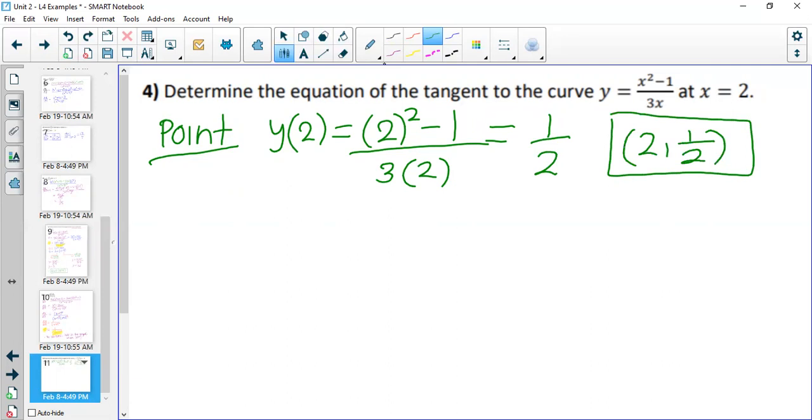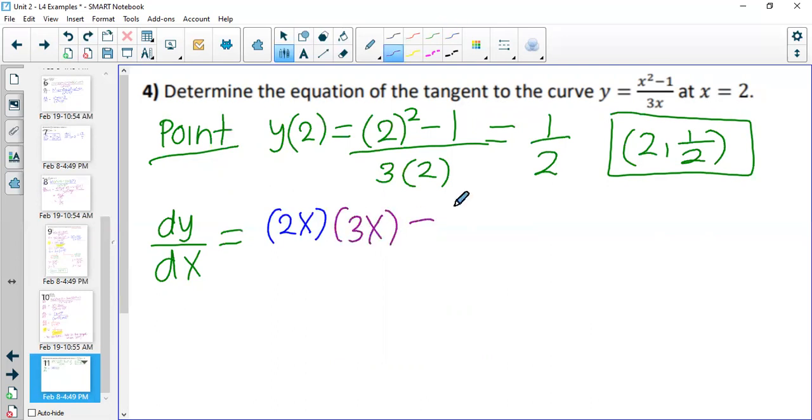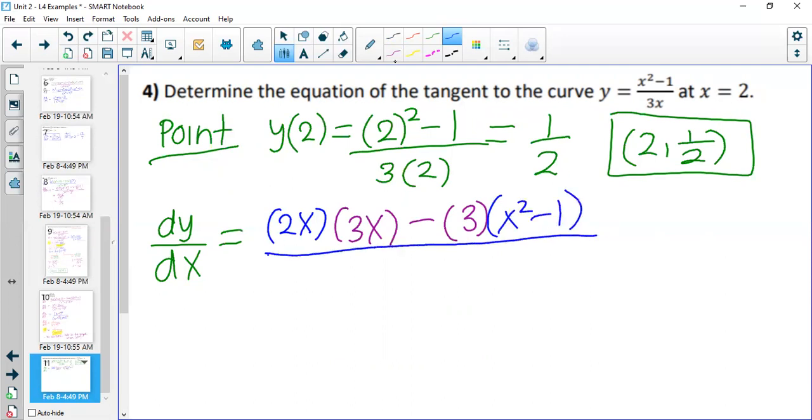Now, in order to find the slope of the tangent, I need to find the derivative. So dy over dx is going to be equal to the derivative of the top, 2x, times the original bottom function minus the derivative of the bottom function times my original top function, all over the bottom function squared.